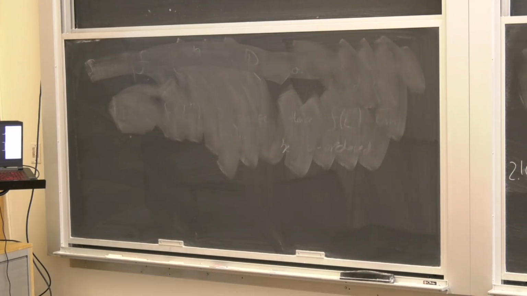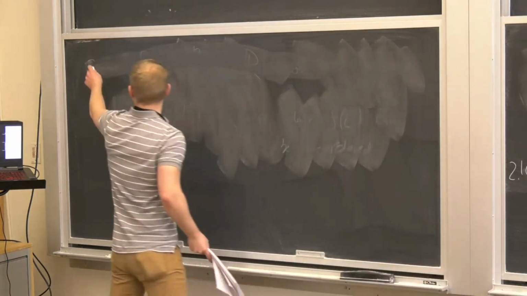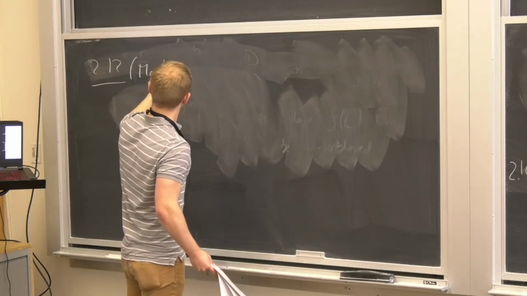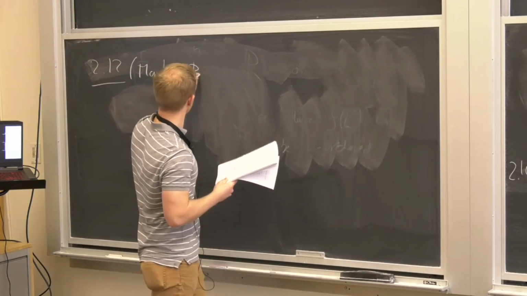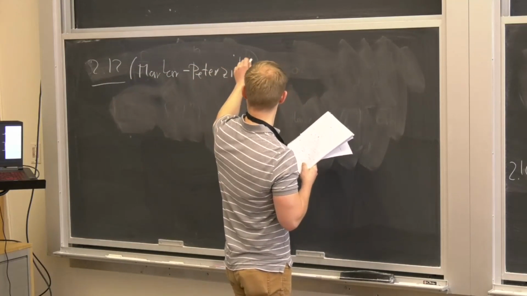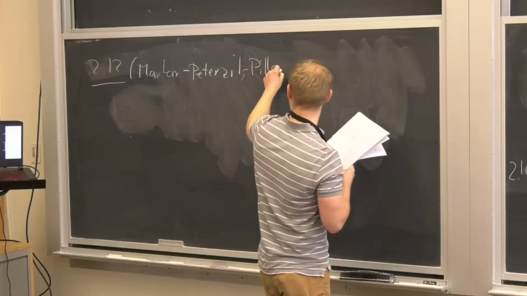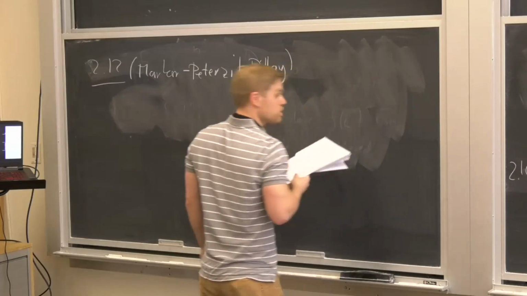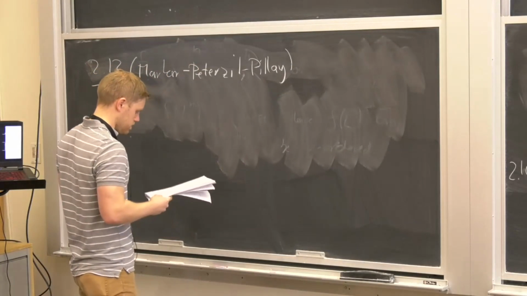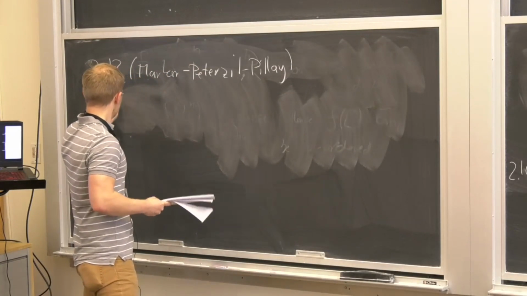And again, this is essentially due to Marker, Peterzil, and Pillay. Because they showed essentially that for o-minimal structures, but this really works out in far larger generality without any substantial changes. For that one, you really had to work, but here it's almost the same proof.